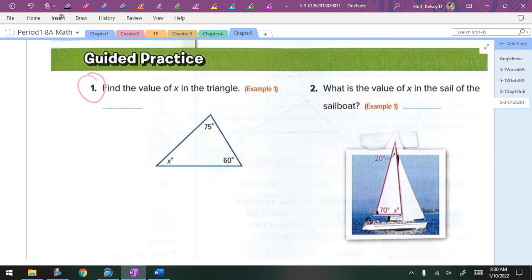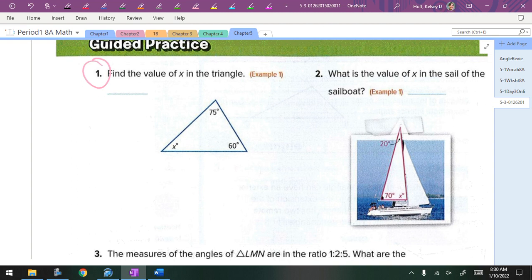Miss Marilyn, what did you write as your equation, your very first step? Nicely done. 75 plus 60 plus x equals 180.